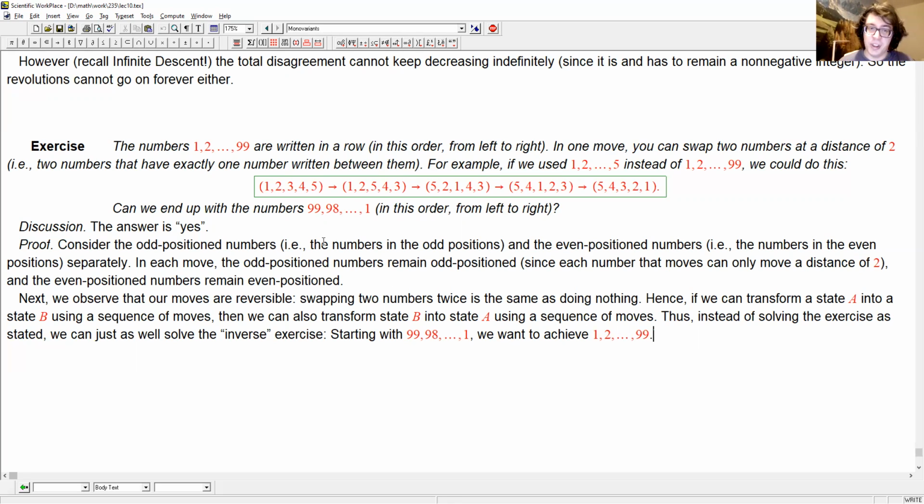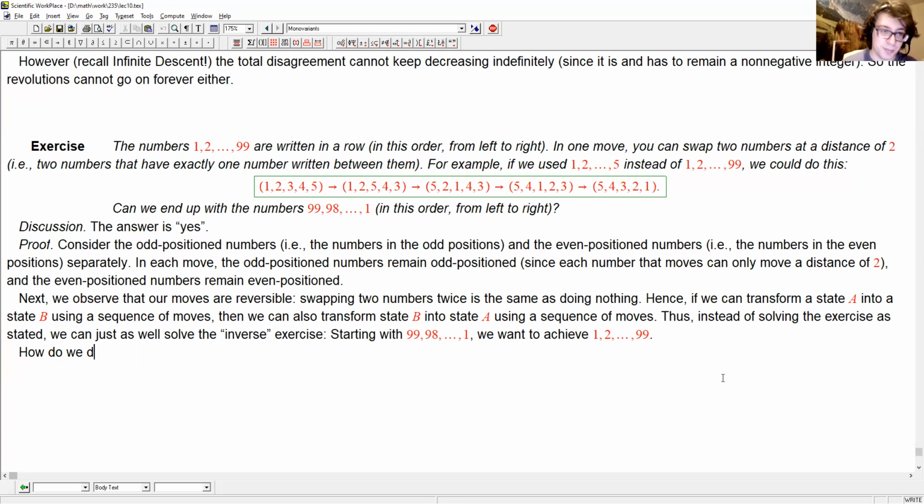So what did we do? We interchanged the starting state with the desired final state. So the final state became the starting state, and the starting state became the desired final state. And as I said, this is okay, because these moves are reversible, so getting from one to the other is the same as getting from the other to the one.